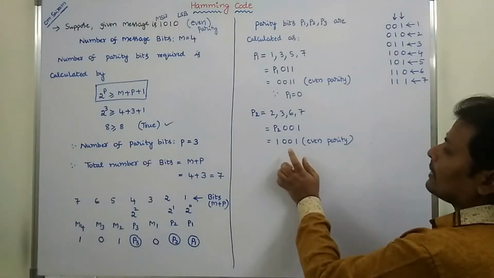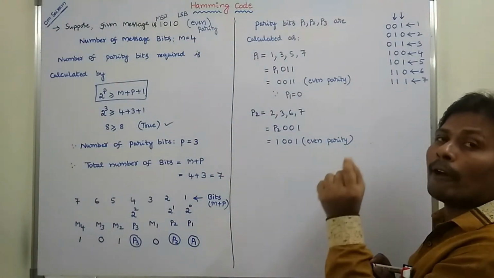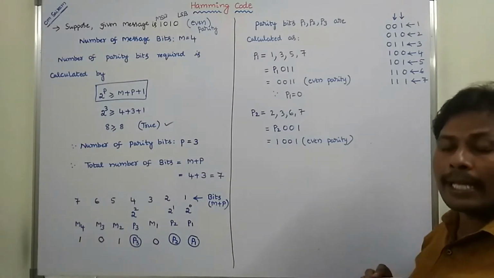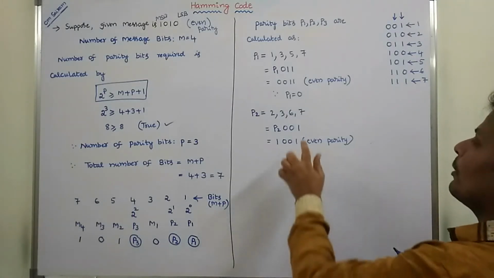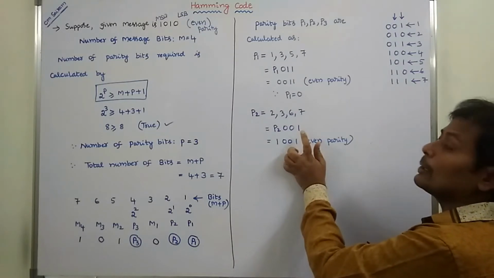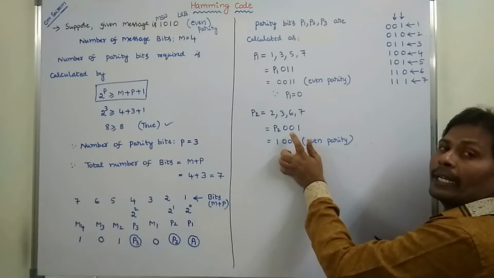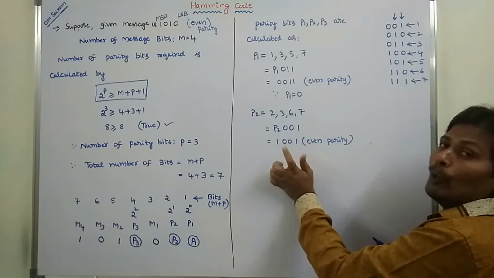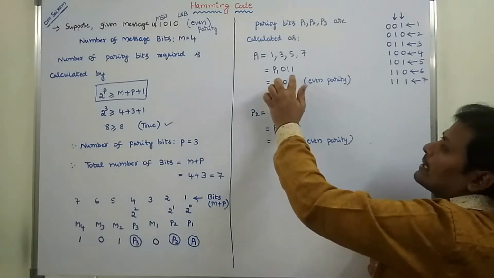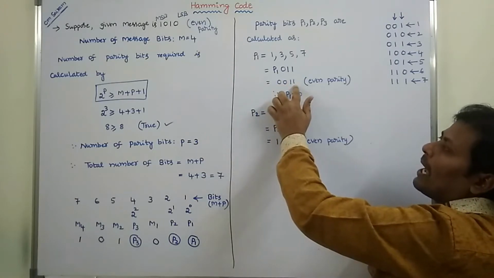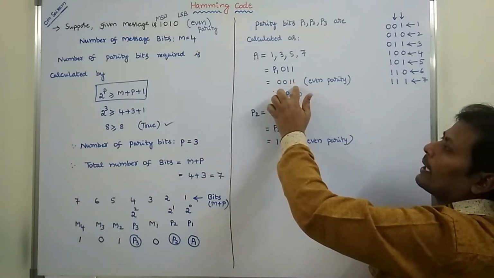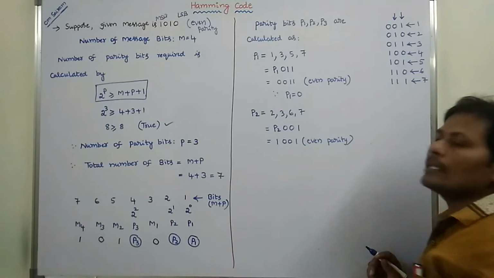Because of that, the total number of ones in the given message is an even number. Here only one single one is there. So P2 is equal to 1. To send this message with even parity, already two ones are there, then P1 is equal to 0.